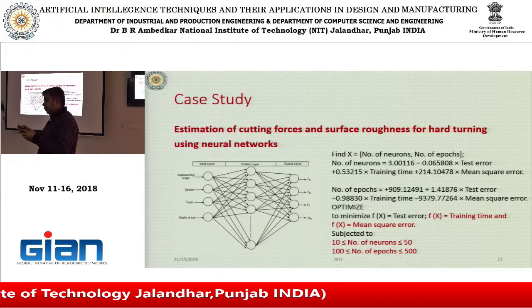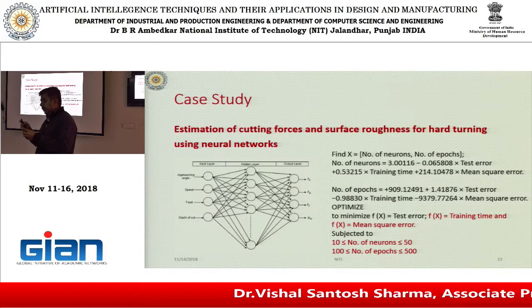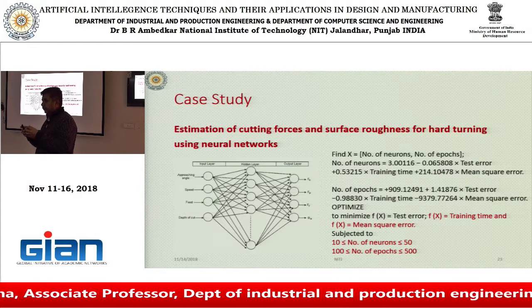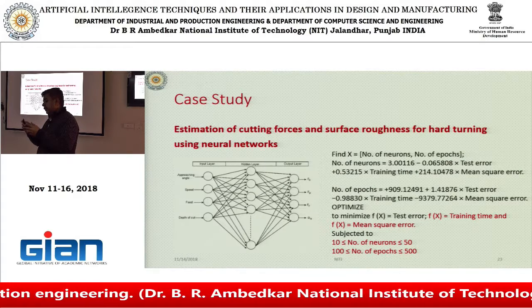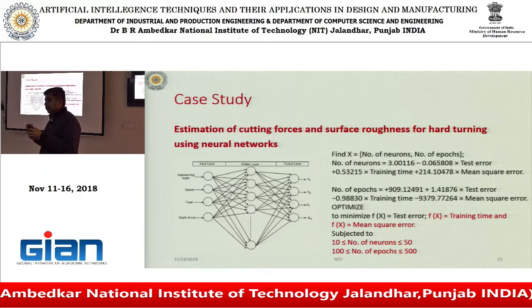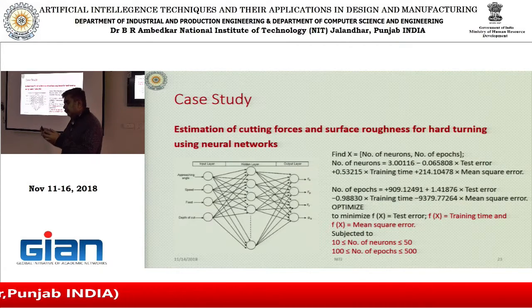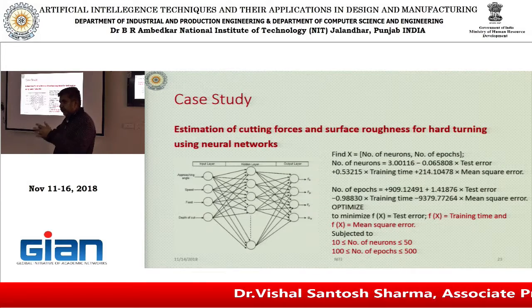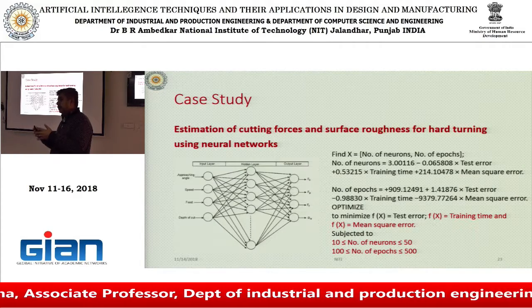I also found how much time it takes with 10 neurons and what accuracy I am getting, that is, error and time. How much is the error when there are 10 neurons, and how much time does my model take for training? Then I increased it to 15, 20, 25, up to 50. I trained it and found how much time it takes and how much the error is.